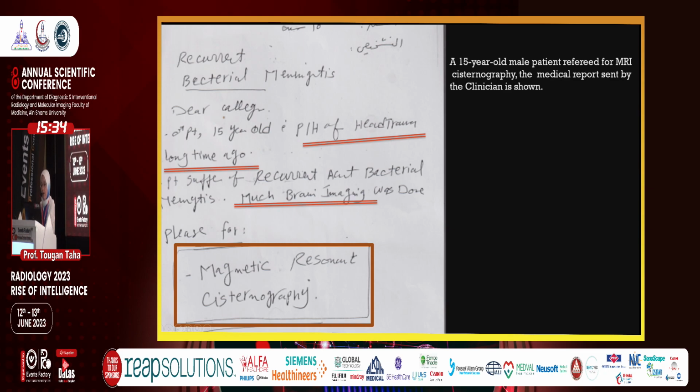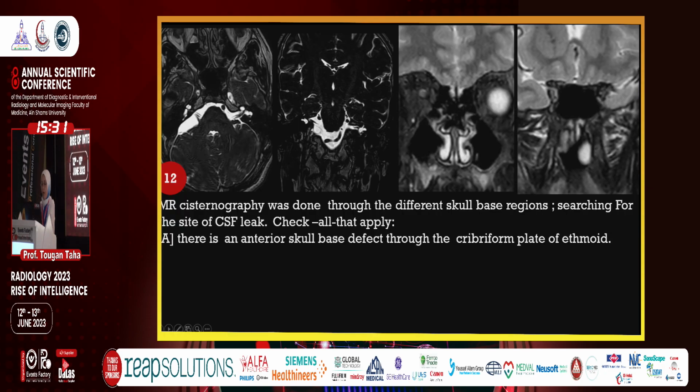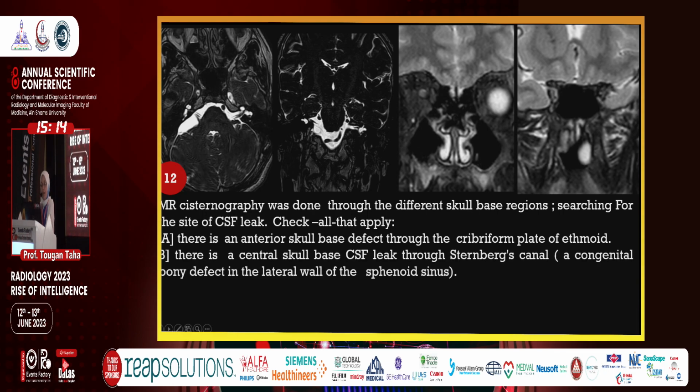Please do MR cisternography. MR cisternography was done through the different skull base regions, searching for the site of the CSF leak. Check all that apply. There is an anterior skull base defect through the cribriform plate of ethmoid. There is a central skull base CSF leak through Sternberg's canal, which is a congenital bony defect in the lateral wall of the sphenoid sinus. The CSF leak is through the tegmen tympani.